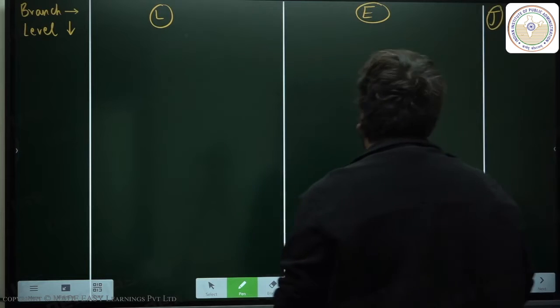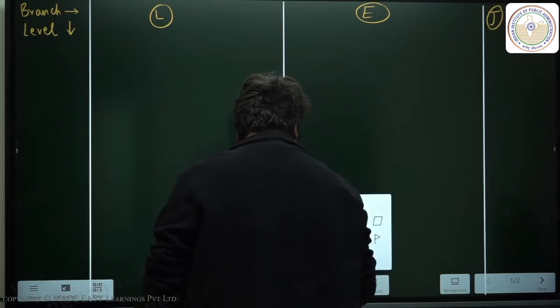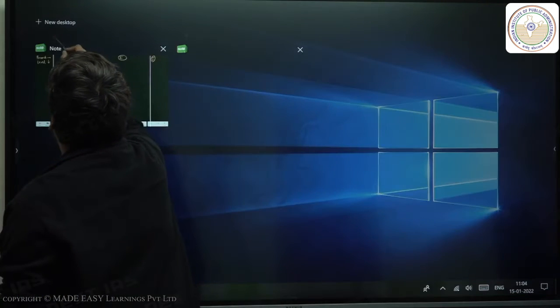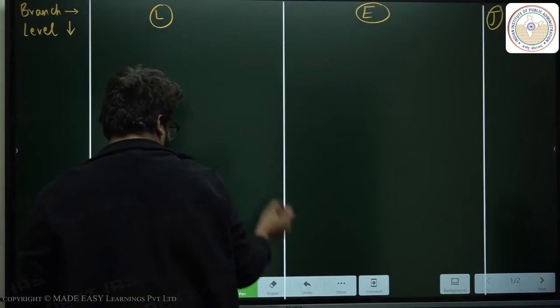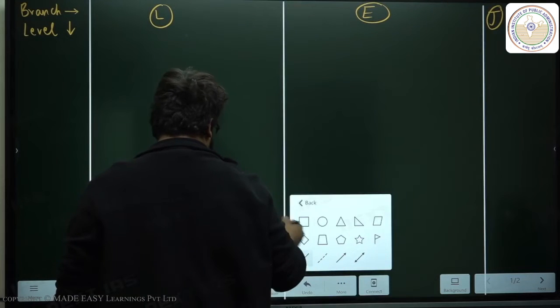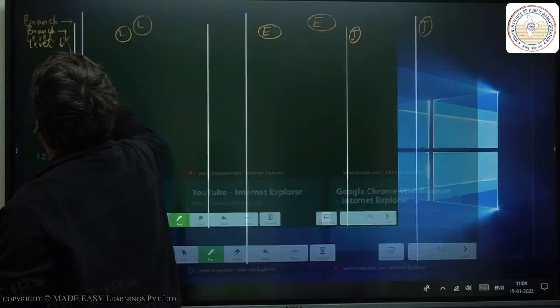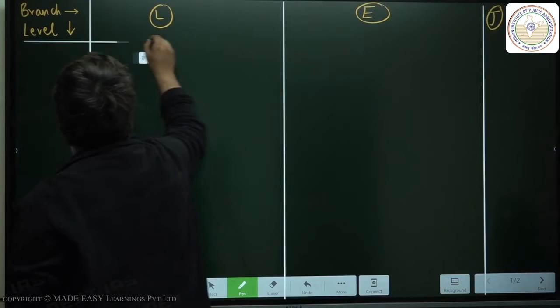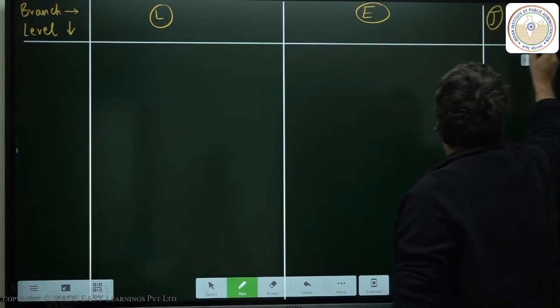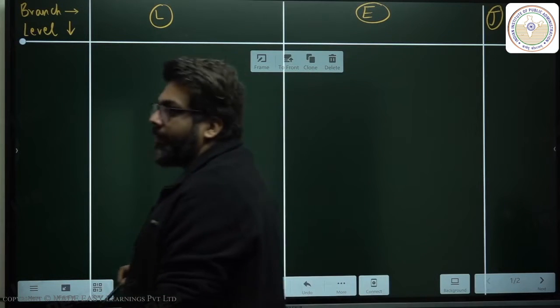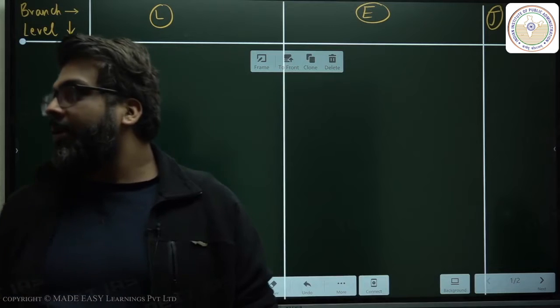So L, E and J. Then we simply make a coordinated column. Okay.